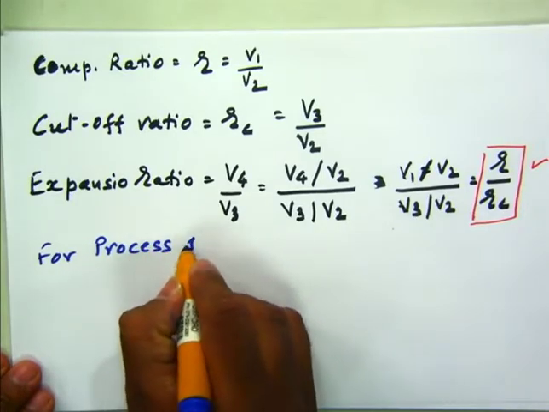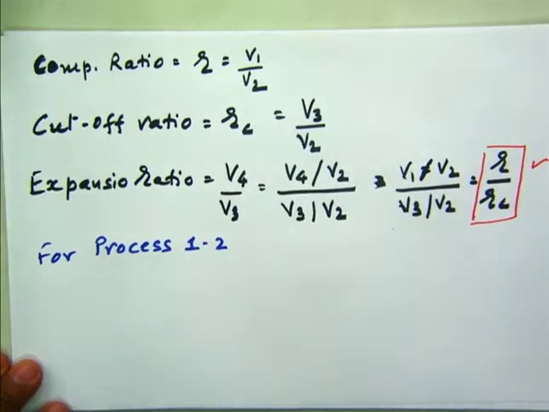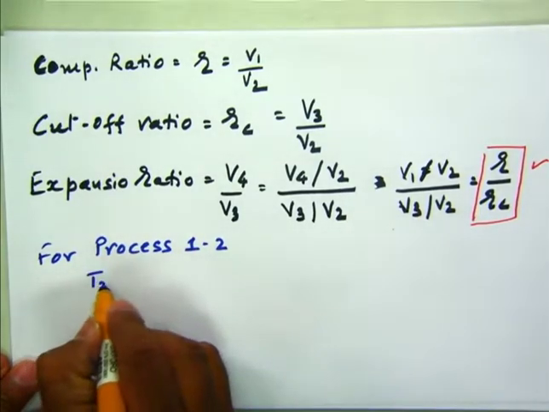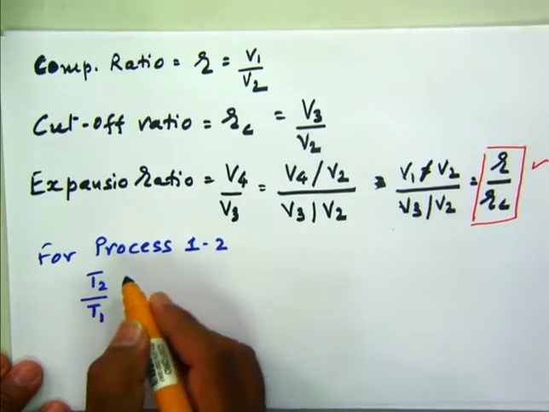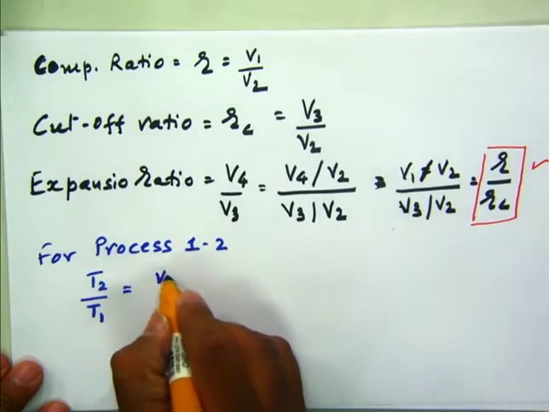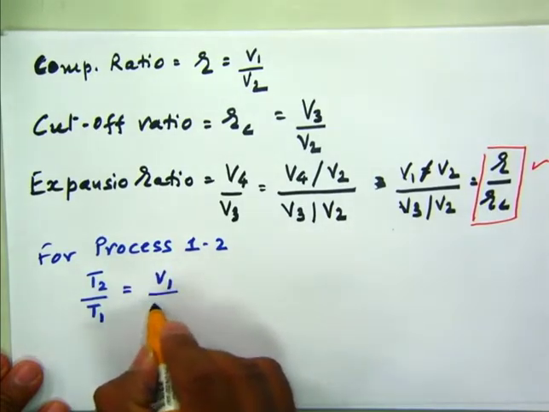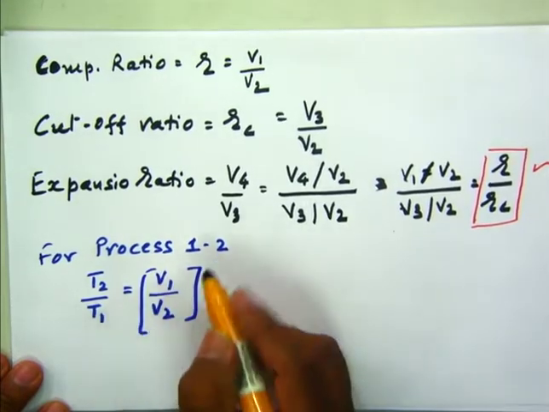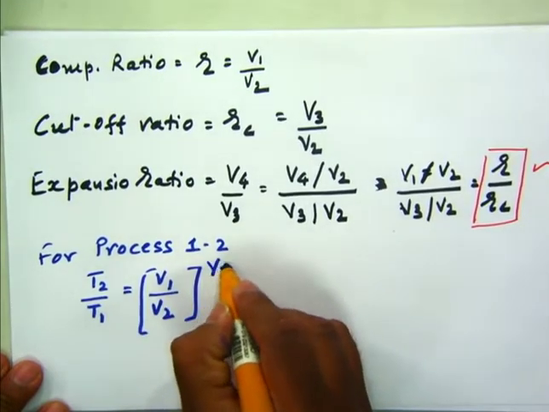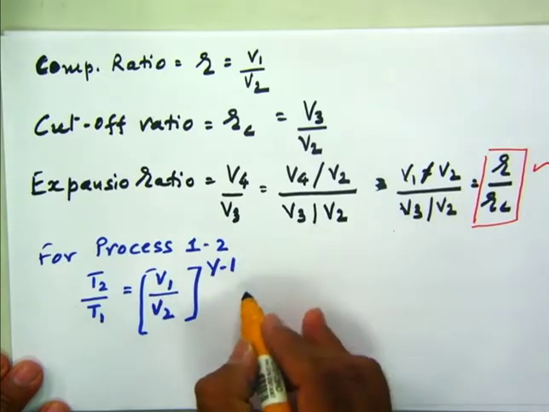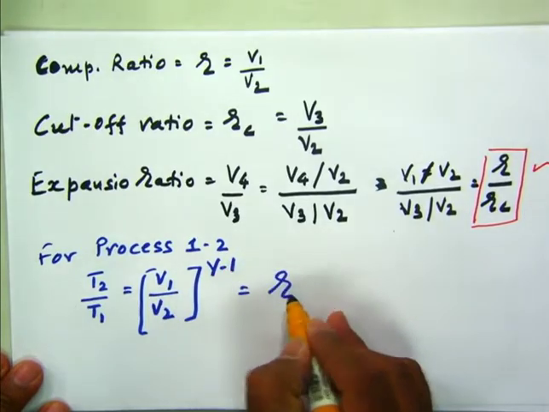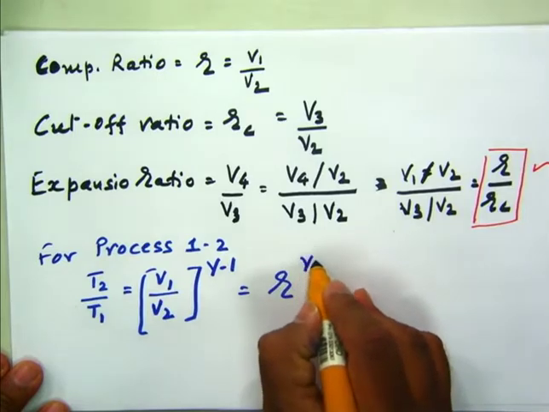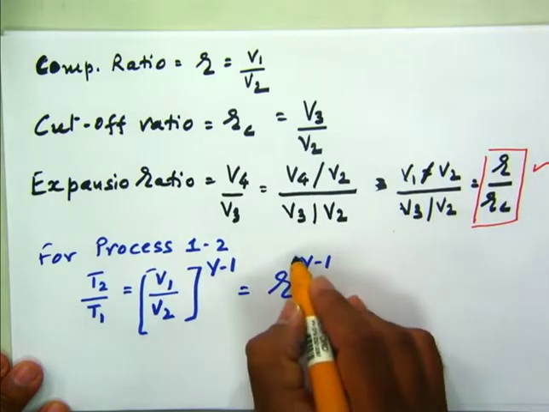So for process 1-2, we can write T2 upon T1 is equal to (V1 upon V2) whole raised to gamma minus 1, which is equal to R raised to gamma minus 1.